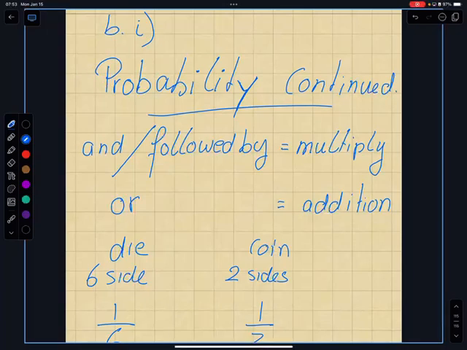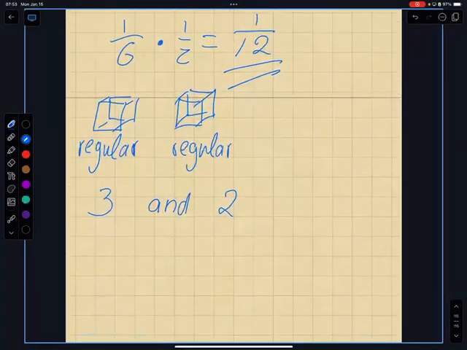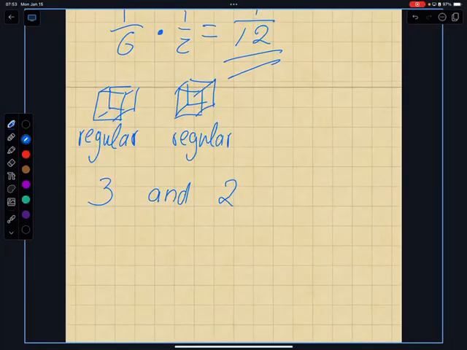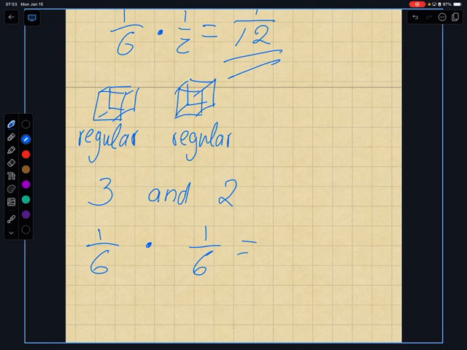And means multiply, or means addition. The probability of throwing a 3 and a 2, 3 on the first one and 2 on the second one, is 1 over 6 multiplied by 1 over 6. So your answer is 1 over 36.